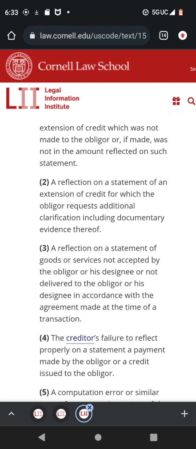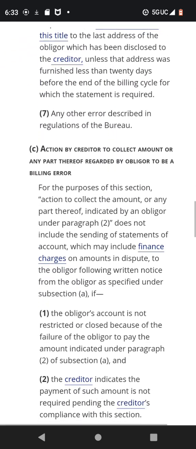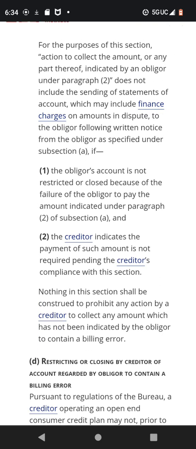Therefore, being that it's your account, by law you are able to get these documents once you request them. Now, it's going to let you know: action by creditor to collect amount or any part thereof regarded by obligor to be a billing error. Go through this. They have no rights.